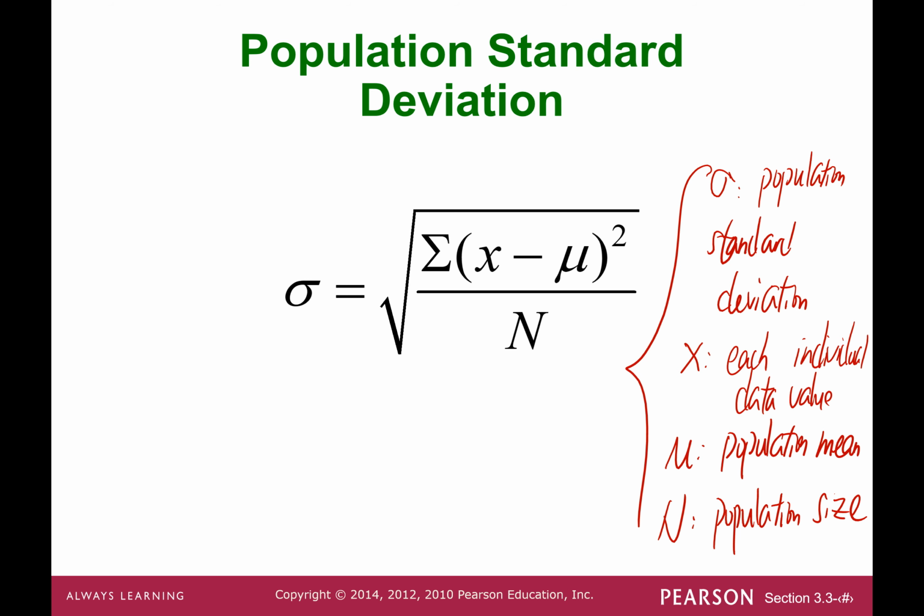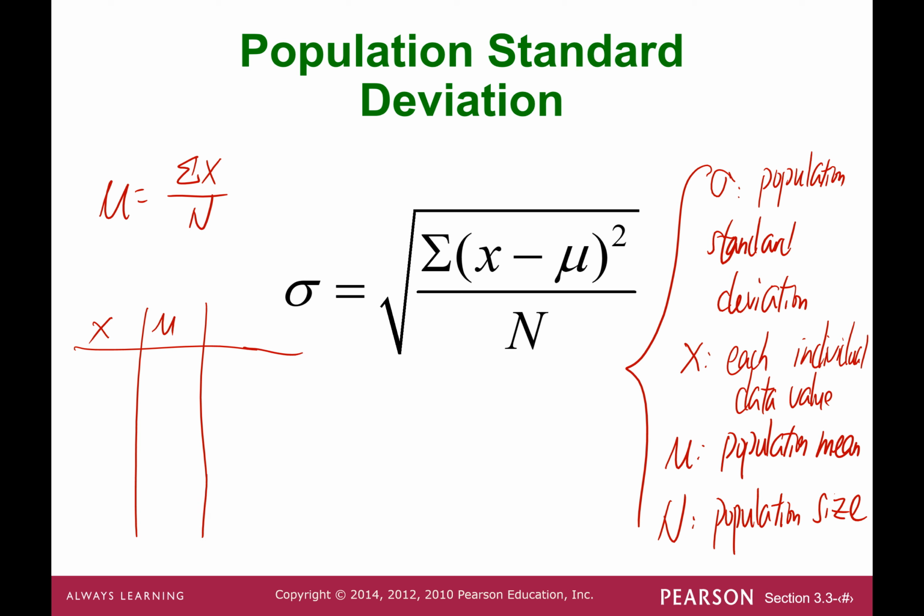So it functions very similarly to a sample standard deviation. When you have a population, just list out the data values. You can also calculate mu first using the summation of x over capital N, the population size. So you get a mean, then you can create a table, putting all the x values, then put mu here.